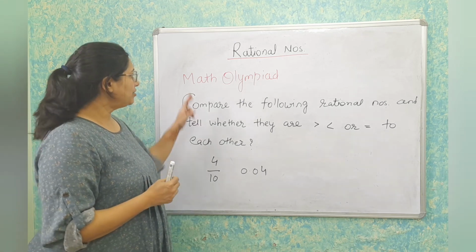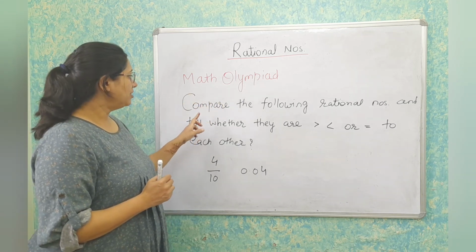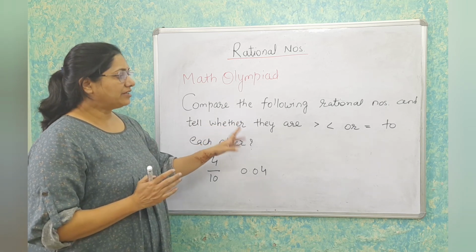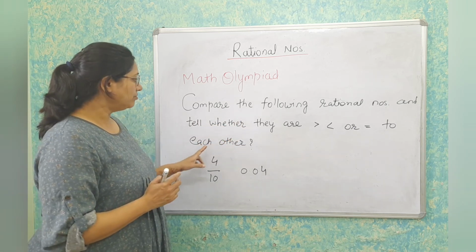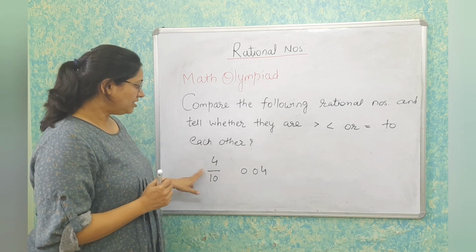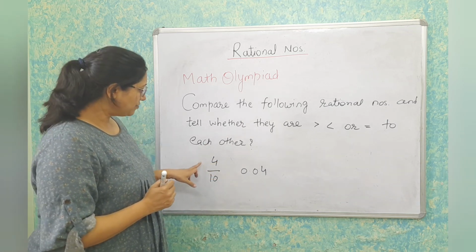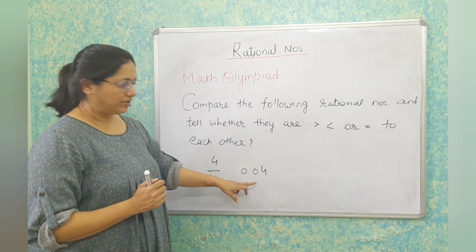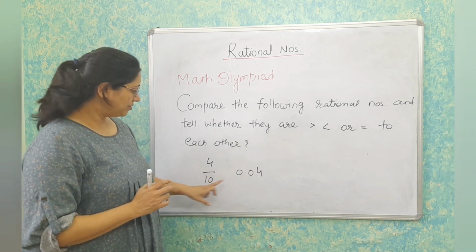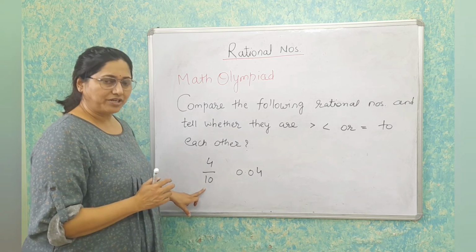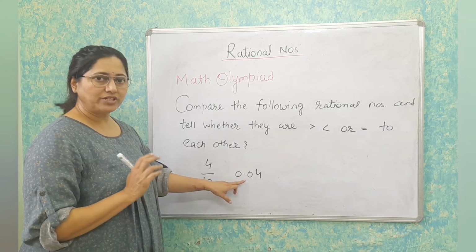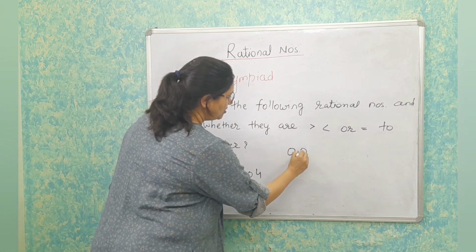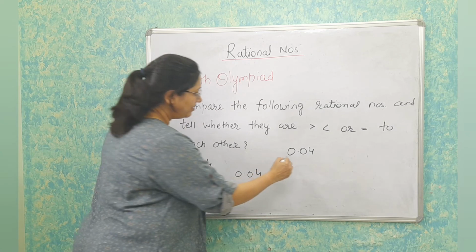Let's take an example from a Math Olympiad exam question. Compare the following rational numbers and tell whether they are greater than, smaller than or equal to each other. See, these are two rational numbers. First one is 4 upon 10 and second one is 0.04. This number has no denominator, but this number has 10 as a denominator. So first we will remove the decimal from this number. 0.04, I can write divided by 1.